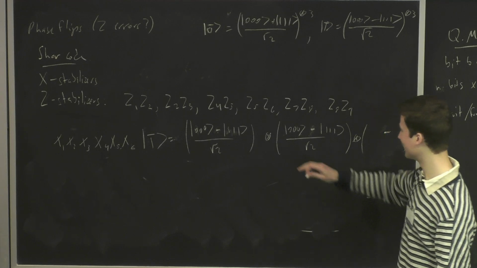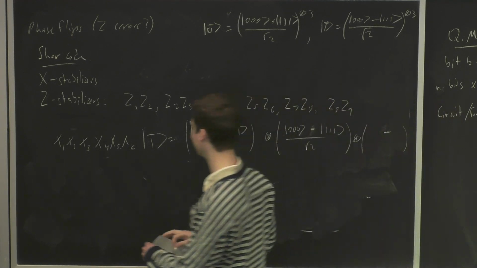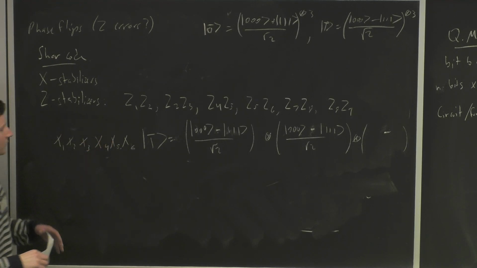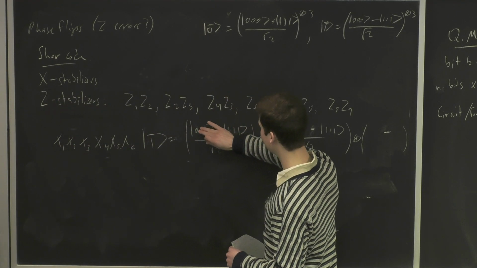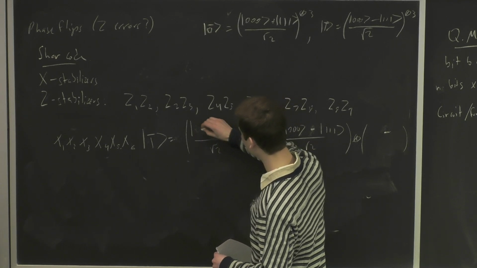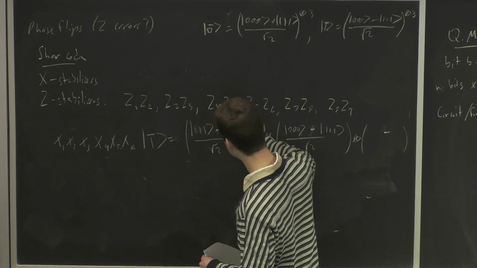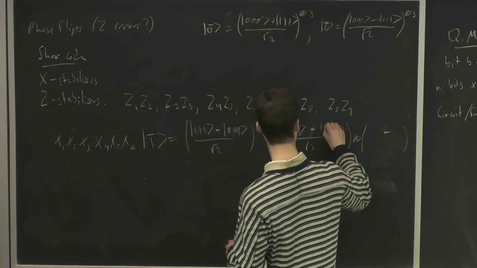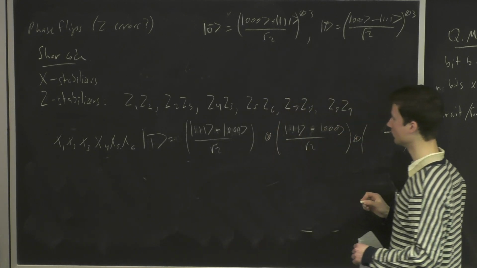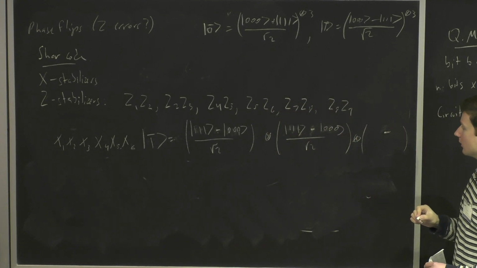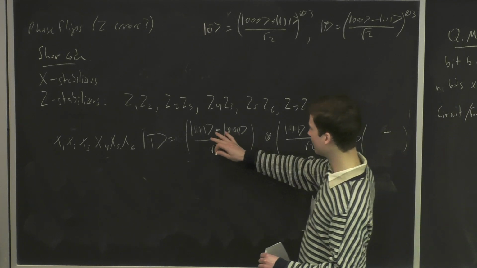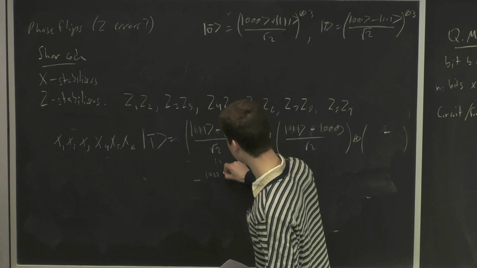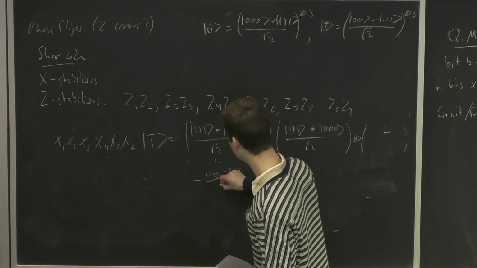Yeah, so this was our logical 1 before we applied X1 through X6. Once we applied X1 through X6, we flip all our bits, so 0, 0, 0 goes to 1, 1, 1, and vice versa. Here we've flipped the sign, because this is actually negative 0, 0, 0 minus 1, 1, 1 over root 2.